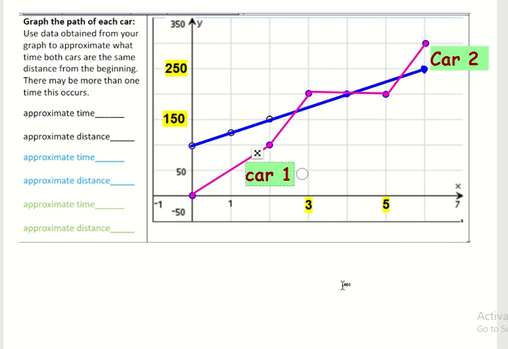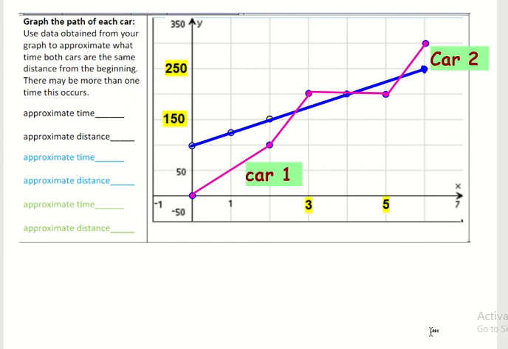So, the first point of intersection and approximate time for this. So what I want to do is just go over on my x-axis until I find that first intersection. And that first intersection looks to be somewhere approximately 2.5 hours.